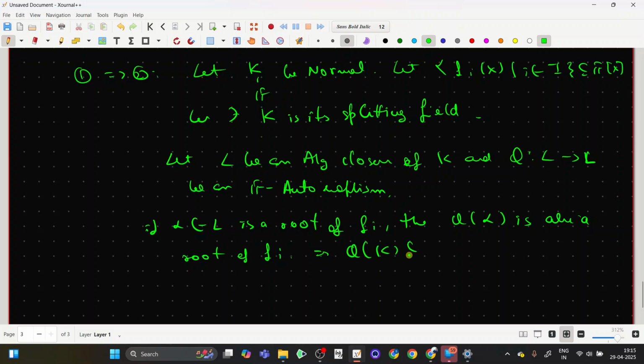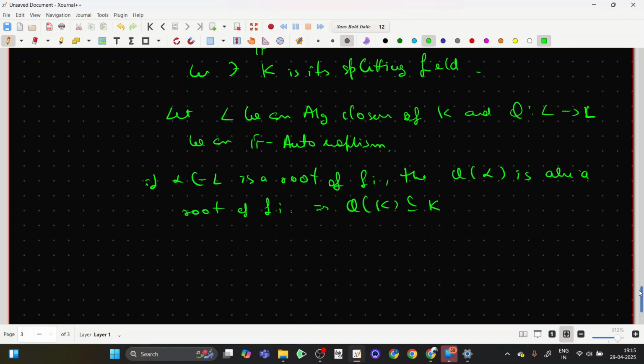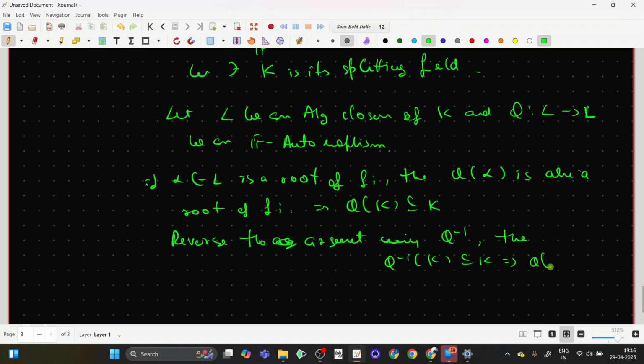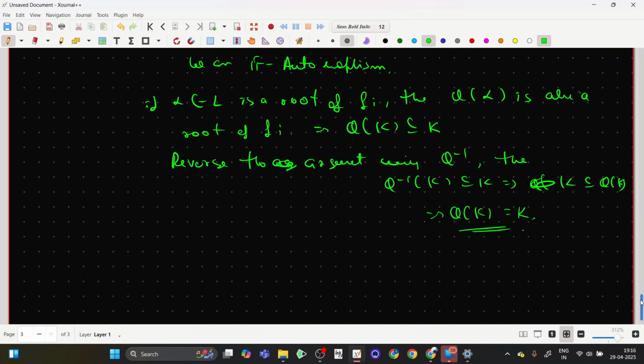That phi of K is contained in K. But then again our usual step, reverse the argument, using phi inverse. Then phi inverse of K is contained in K, which would say that K is contained in phi of K, and this immediately proves that phi of K must be K. Got it?